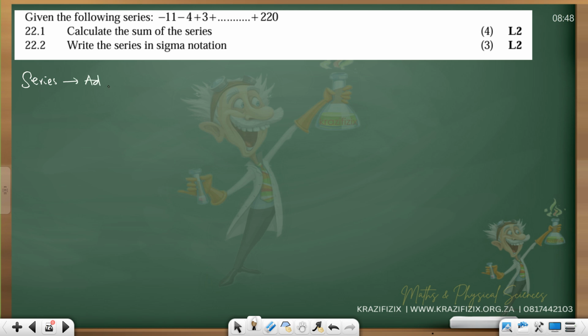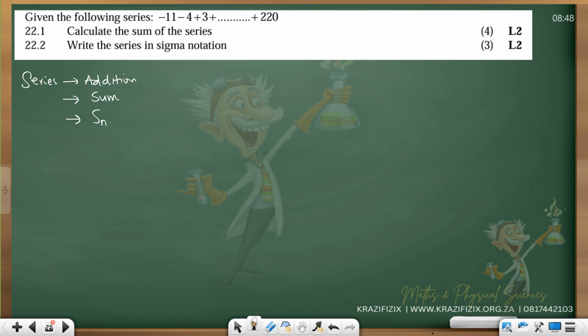It's simply an addition of numbers, and that tells me I'm talking about a sum, and that I need to use the SN formula, and we have two of them, arithmetic and geometric. You need to know the right pattern.